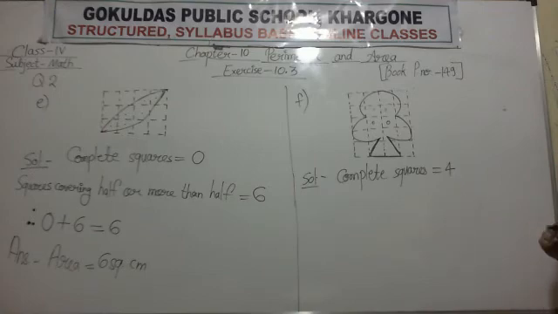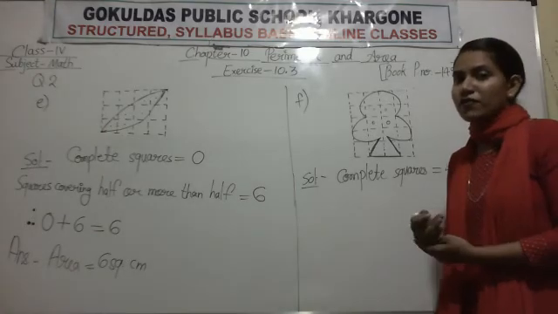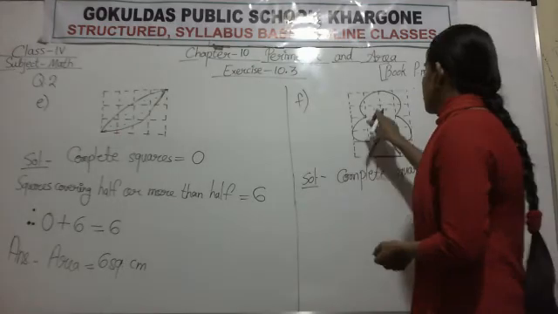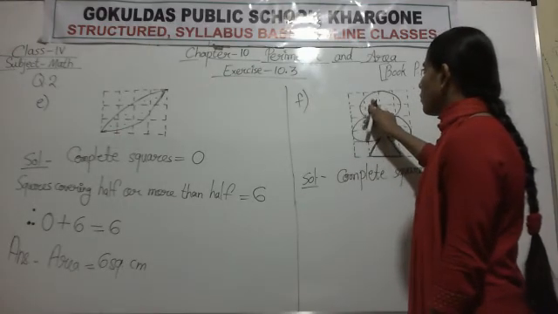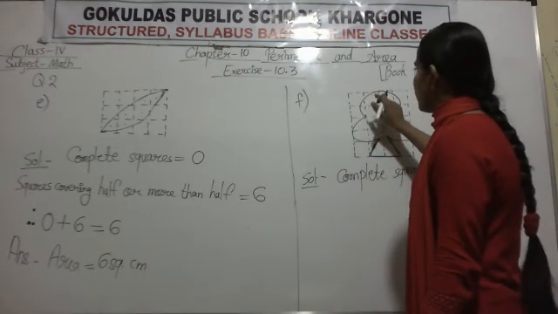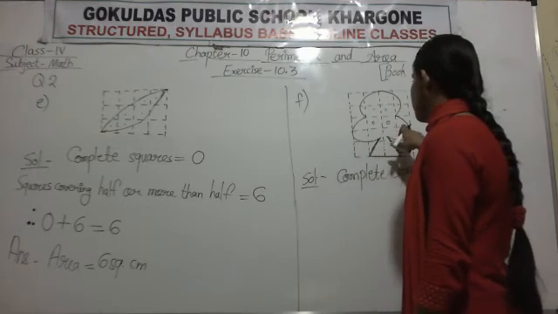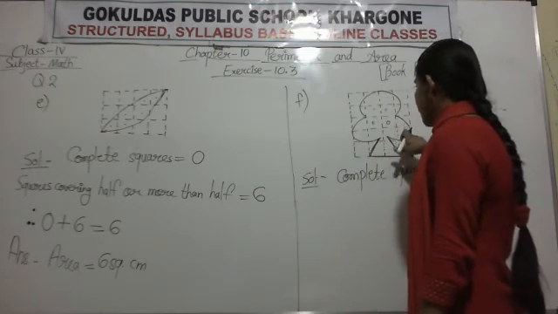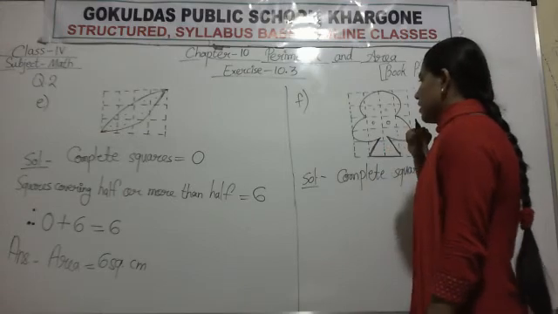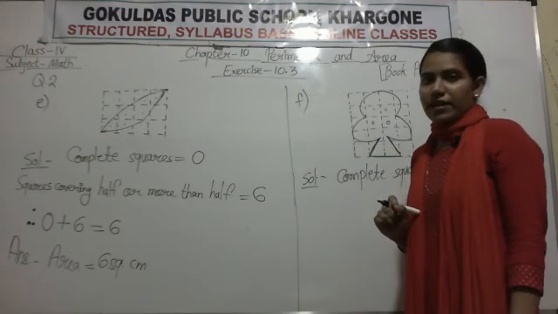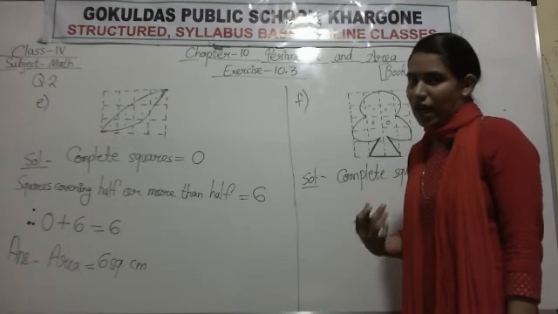Now we will count the squares which cover half or more than half area. So this square is covering more than half. So 1, 2, 3, 4, 5, 6, 7, 8, 9 and 10. 10 such squares are there which are covering half or more than half area.